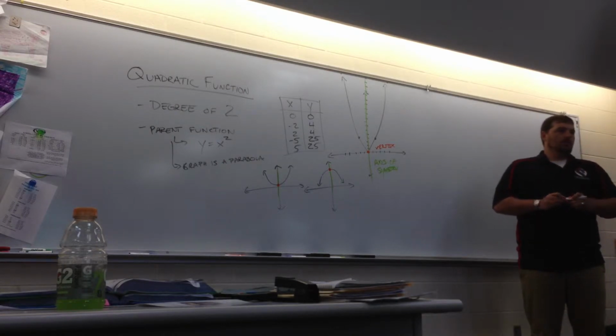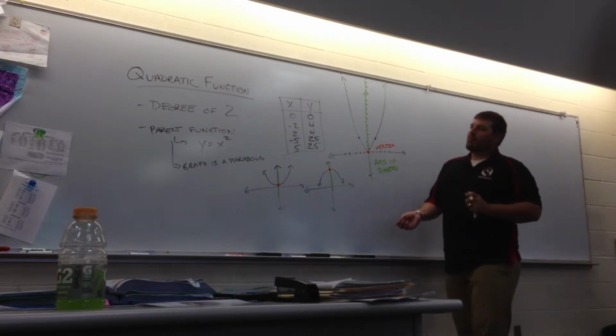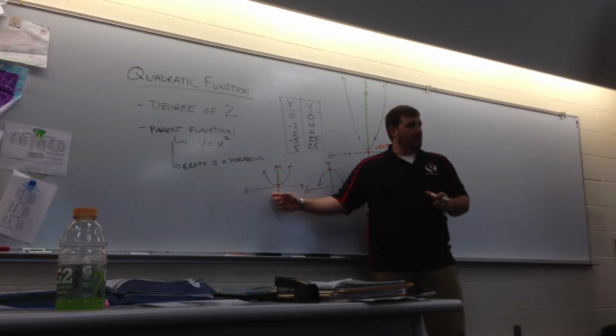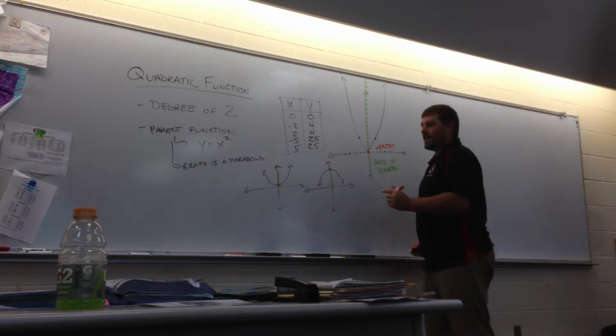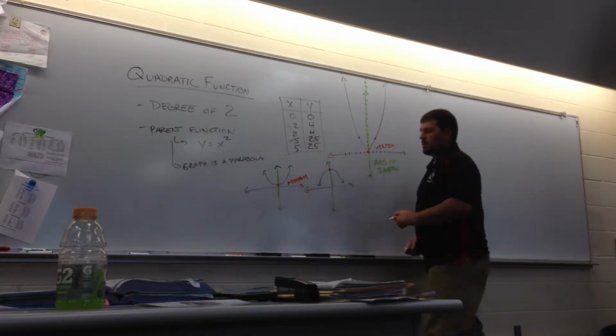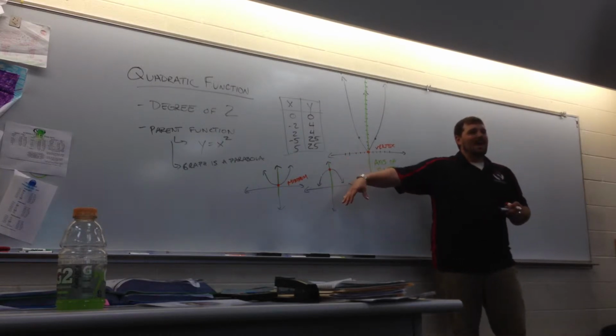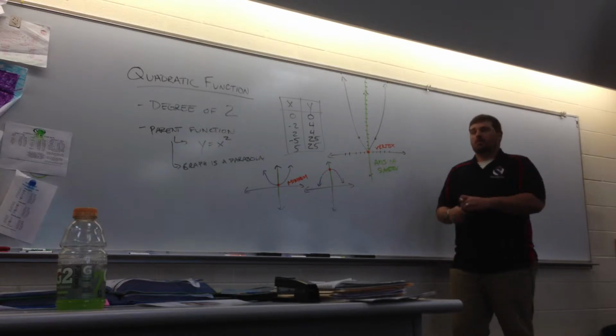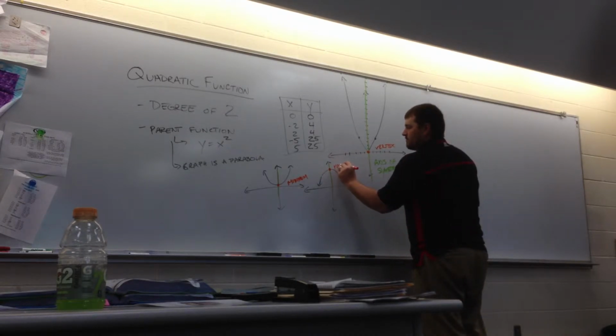If the parabola opens upward and the vertex is at the very bottom, then we can call that a minimum as well. If the parabola is opening down and the vertex happens to be at the very top, then we call it a maximum.